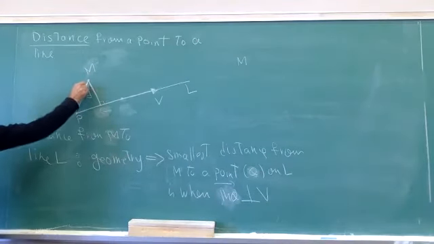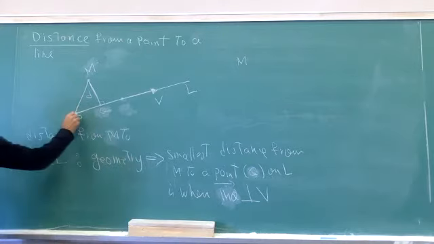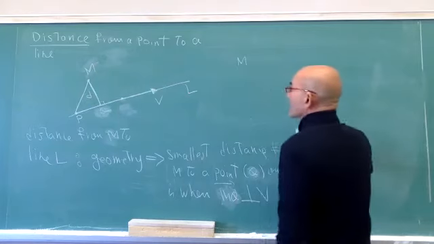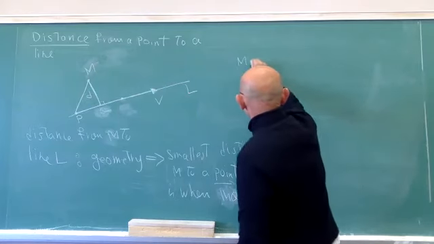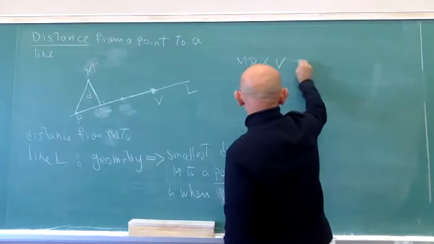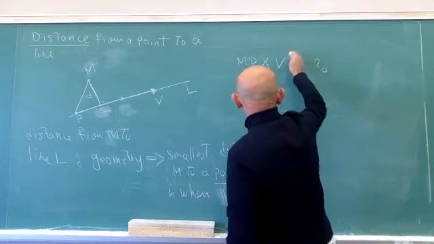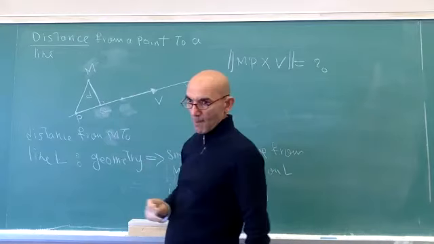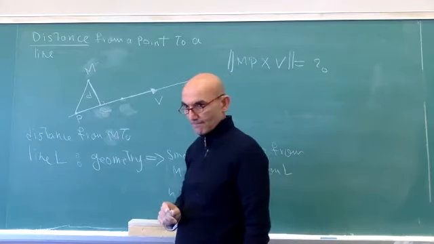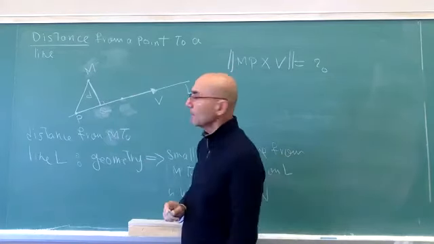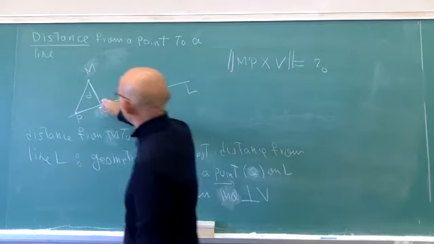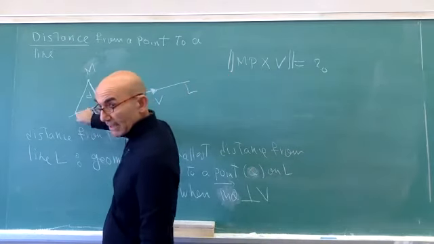Now, what do I get if I cross QP by V? And what is its norm, the norm of QP cross V? Is it the area? Exactly. It's the area of the parallelogram that's formed by this and that.